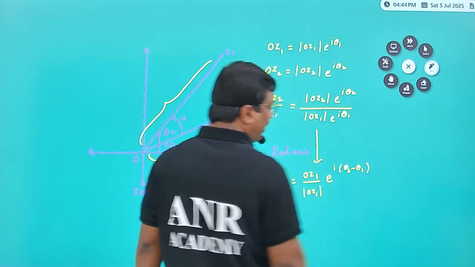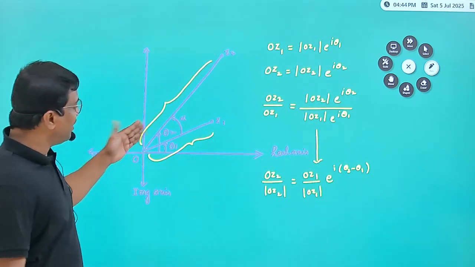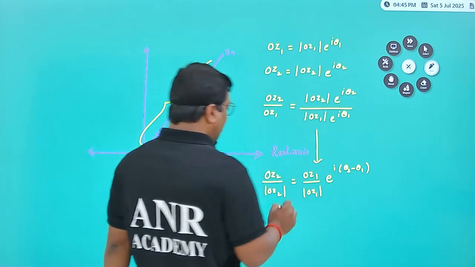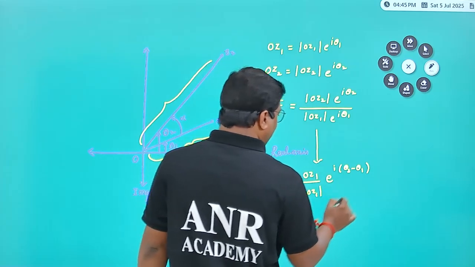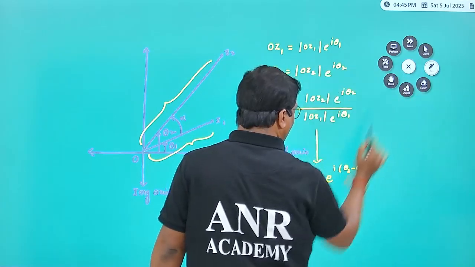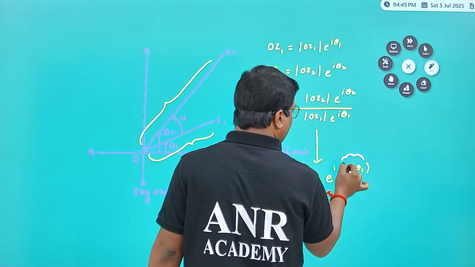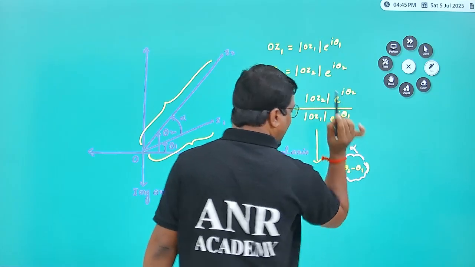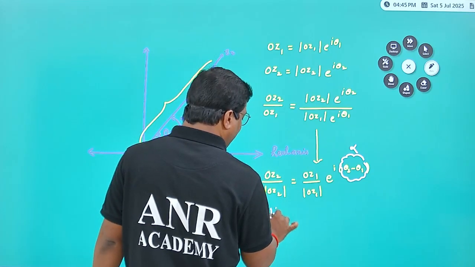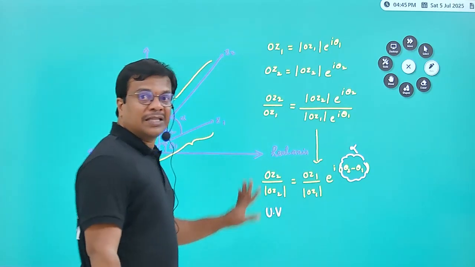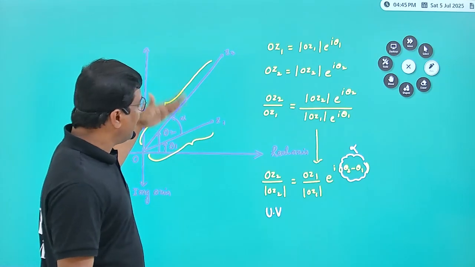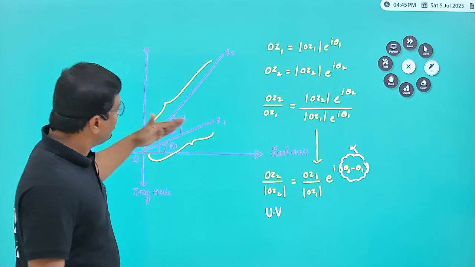And the difference between the two angles theta 2 and theta 1, from this figure it is very clear, is alpha. So I can write this angle theta 2 minus theta 1 as alpha in the next step. Therefore, the unit vector in the final position OZ2. OZ2 is the final position after rotating through an angle alpha.